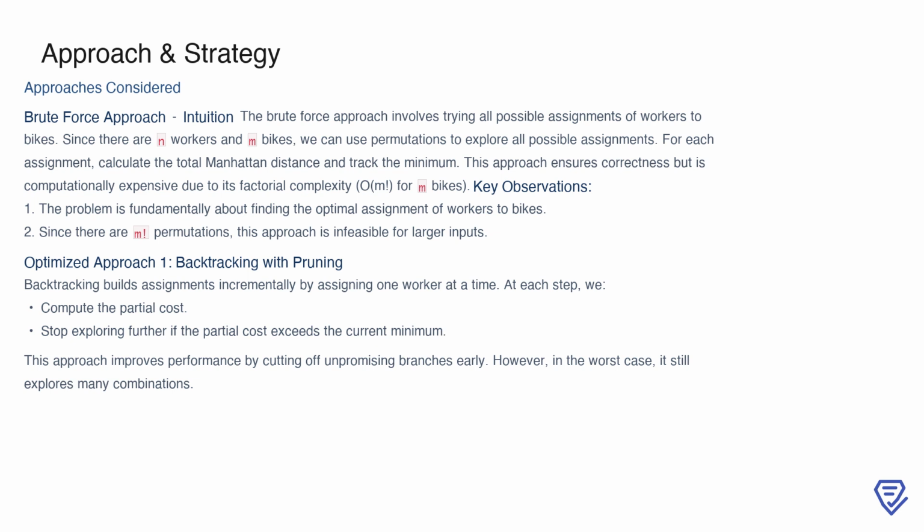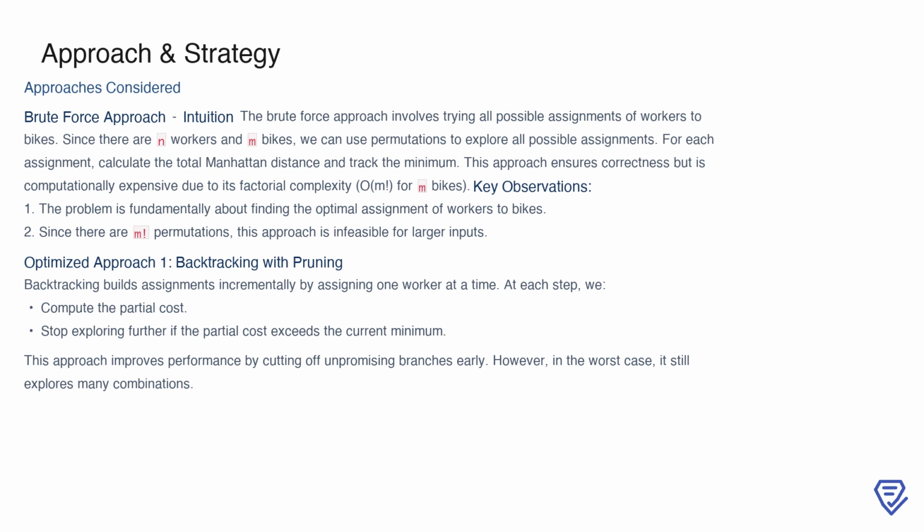While this guarantees correctness, the factorial complexity, O(m!), for m bikes makes this approach computationally impractical when the number of bikes is large. The key takeaway here is that the problem is fundamentally about finding the optimal assignment of workers to bikes, but attempting to explore all permutations quickly becomes infeasible.